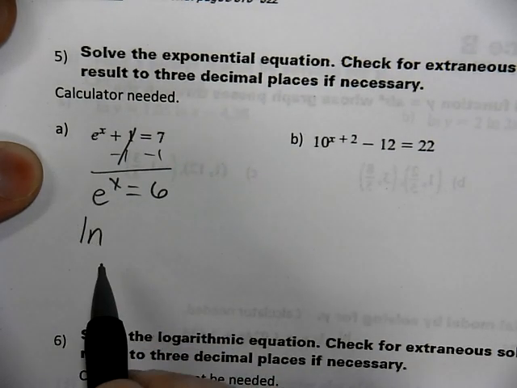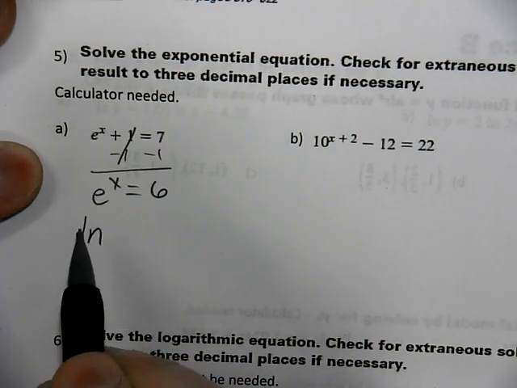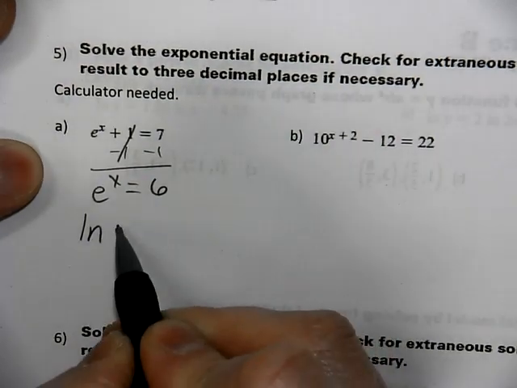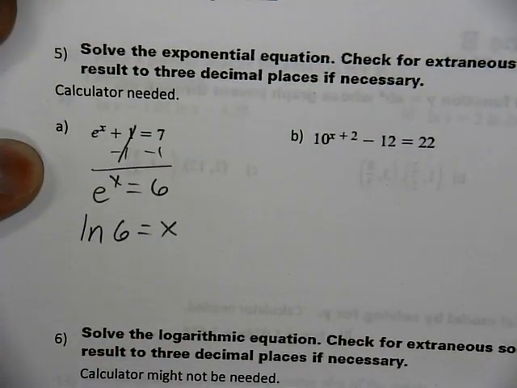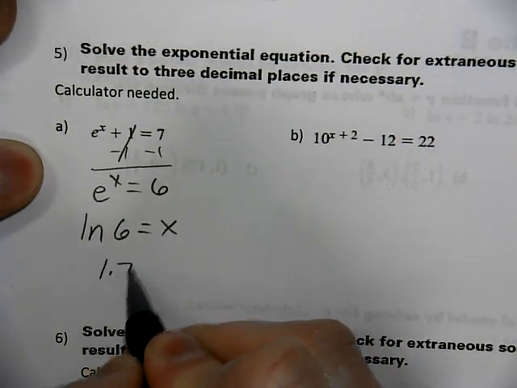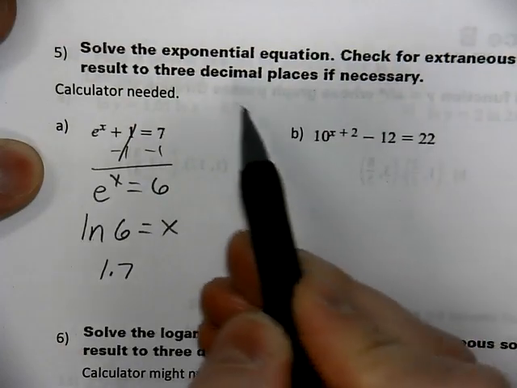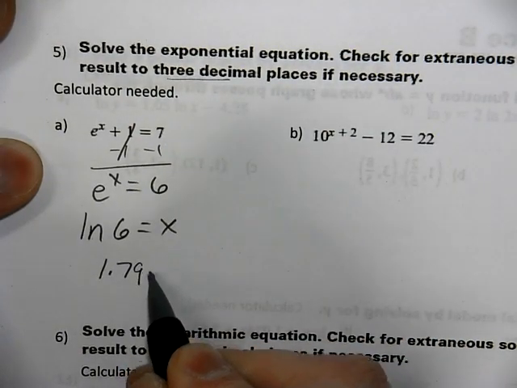Natural log automatically has log with a little e below it, so we just write ln. So using our calculator, the natural log of 6 comes out to be 1.792. This is to 3 decimal spots.